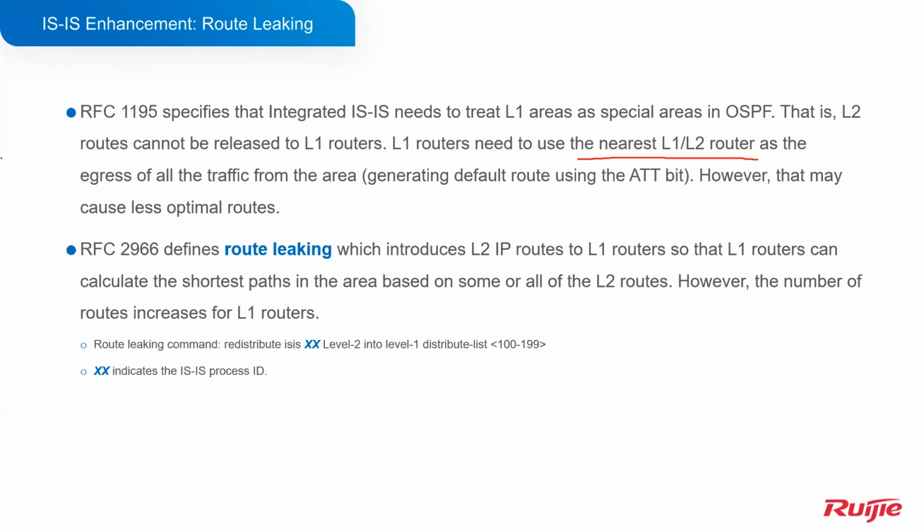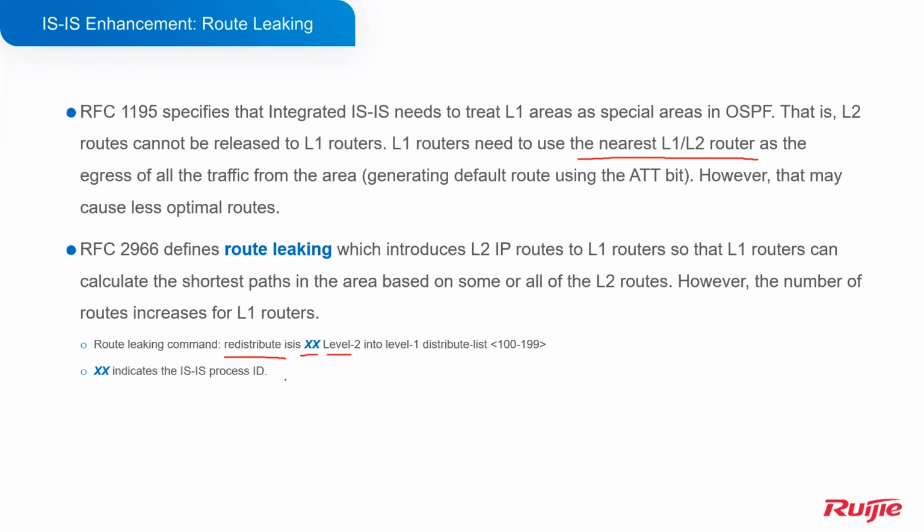Okay, so the command is like this: redistribute isis, and this is the IS-IS process number, and the level 2 into level 1, and what's the redistribute list number. And this is the process ID.